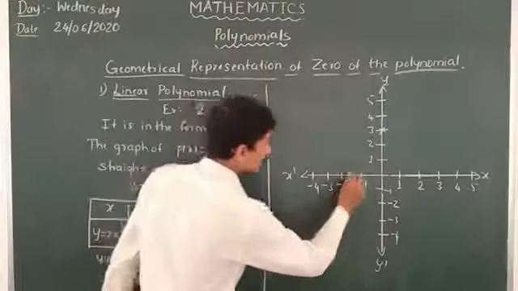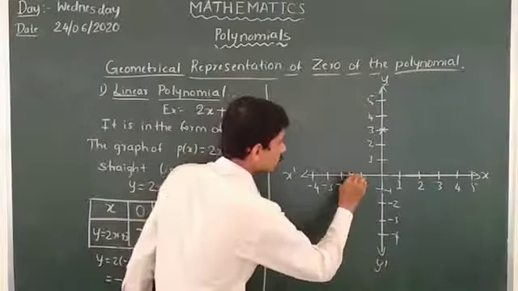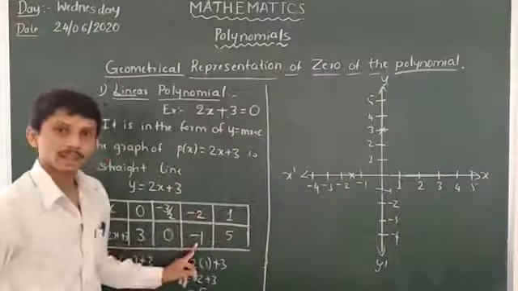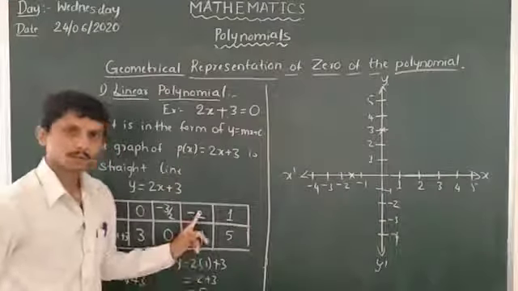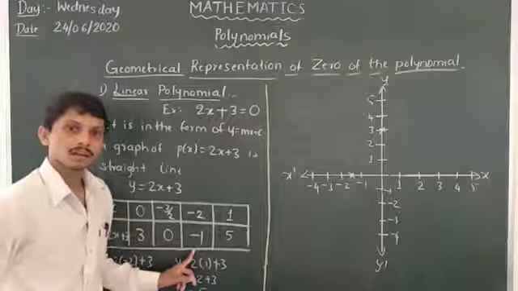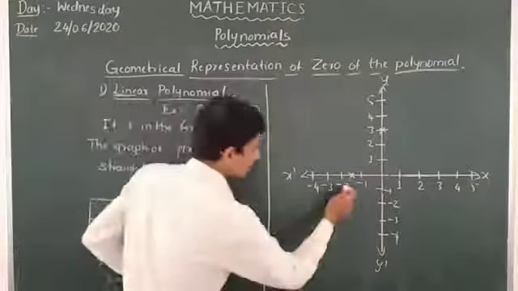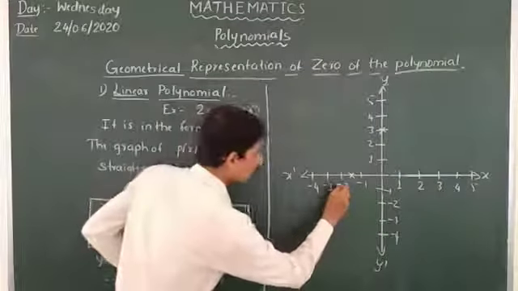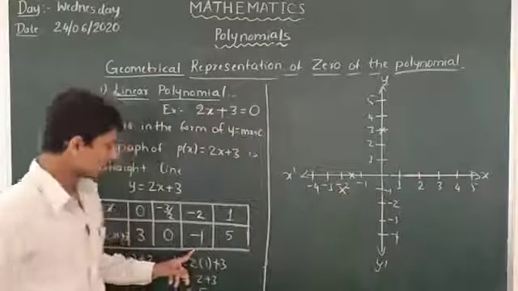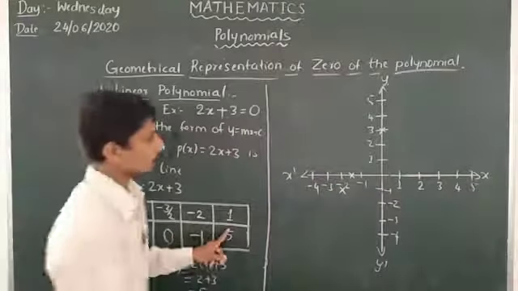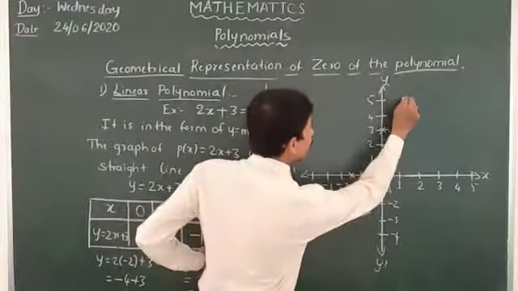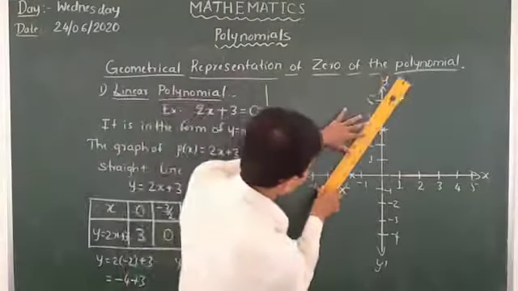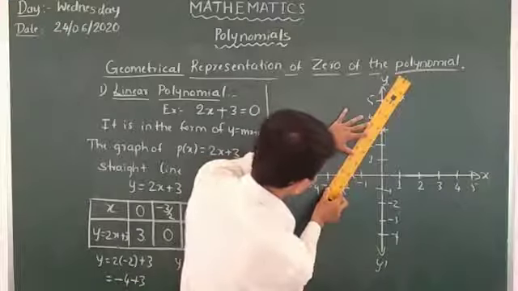Second point, -2 in x coordinate and -1 in y coordinate. Then x coordinate 1 and y coordinate 5 is here. Now we have to join those points with a line.